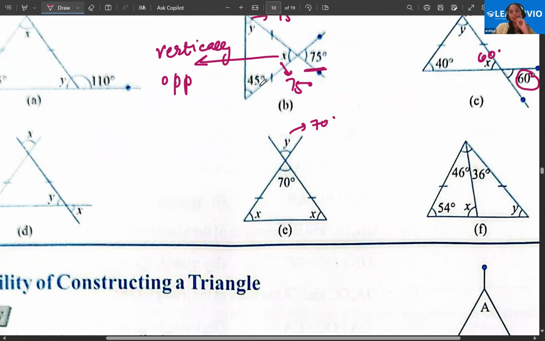No, that's when it is a right angle triangle. But there is a 70. If one angle is 60, all of them should be 60 in an equilateral triangle. In an equilateral triangle, all the angles are 60. But they've already given one angle as 70, right? So this is correct. Y is 70, but what about the others?